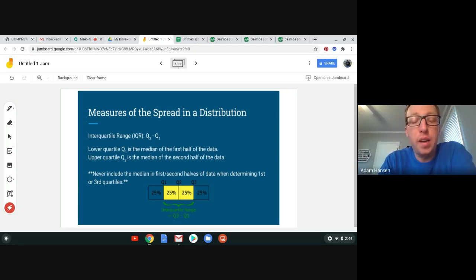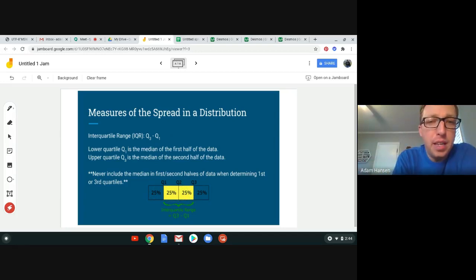These are called quartiles because they split the data set into different quarters. 25% of the data would be smaller than Q1, meaning that 75% of the data would be greater than Q1. For Q3, the upper quartile, 25% of the data would be greater than Q3, and 75% of the data would be less than Q3.